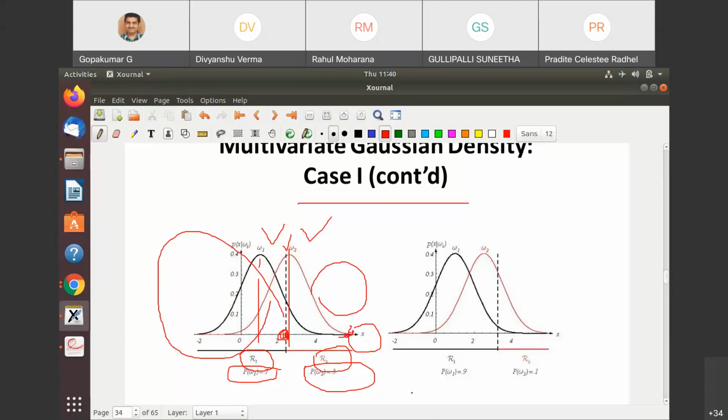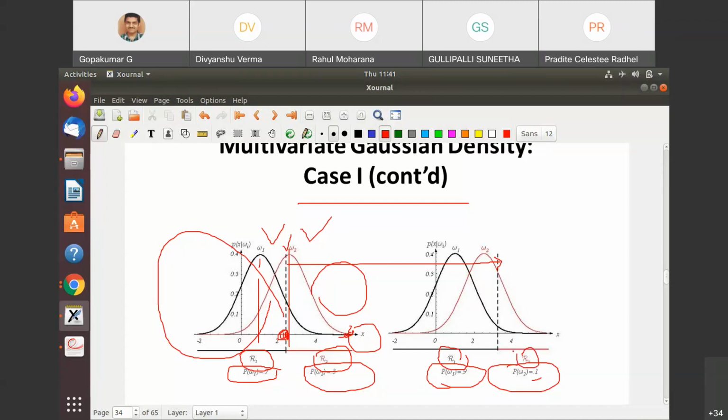But suppose the prior probabilities have these particular values, 0.9 in one class and 0.1 in another class. This line will shift away from that particular point. That means region one is enlarged, because most of the points will correspond to region 1, and R2 is reduced.